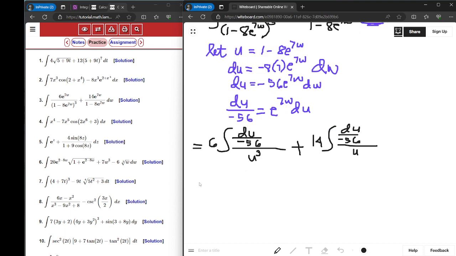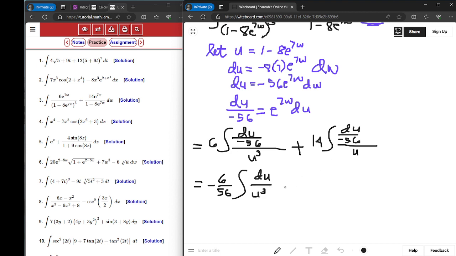So if we rewrite this, this will become 6 over negative 56 commonly. So let's just use this. This will become negative 6 over 56 times integral of du over u cubed.